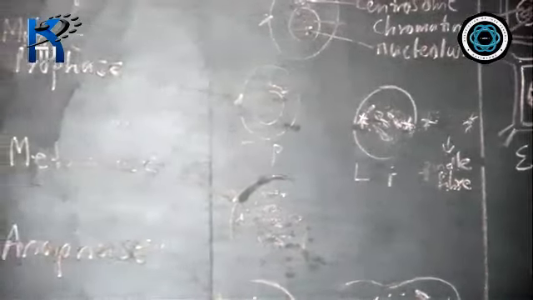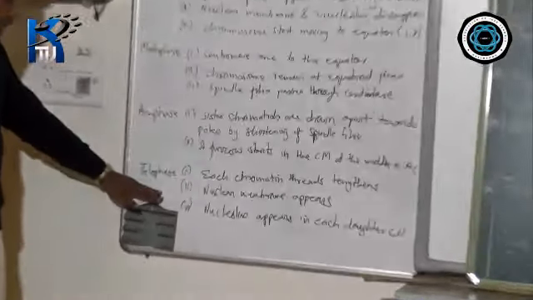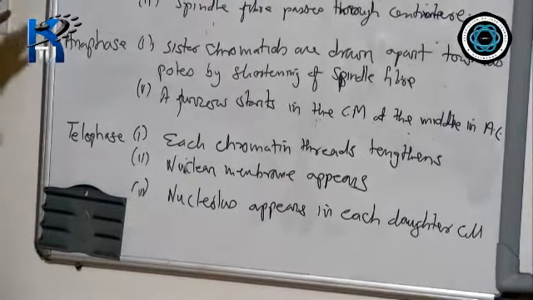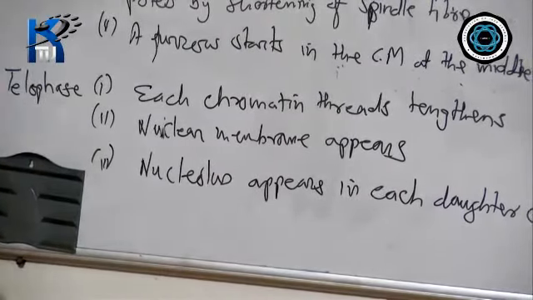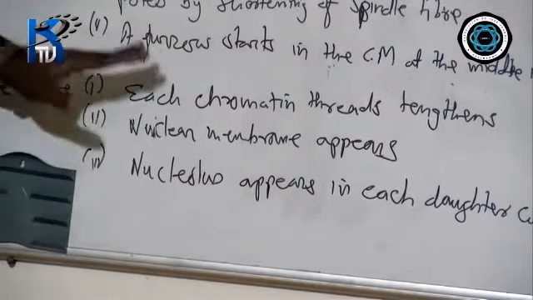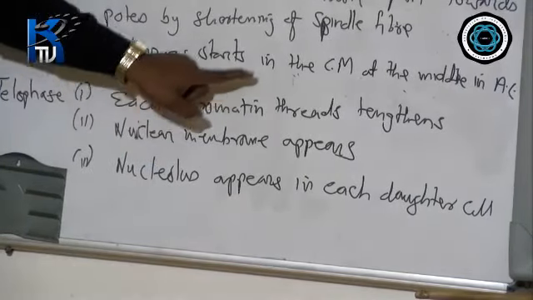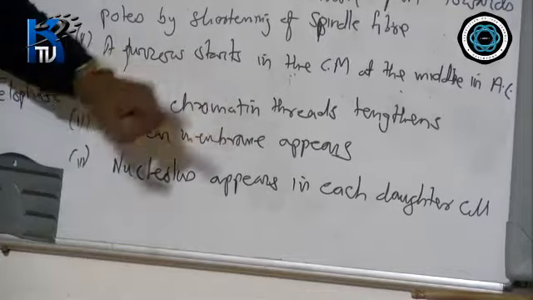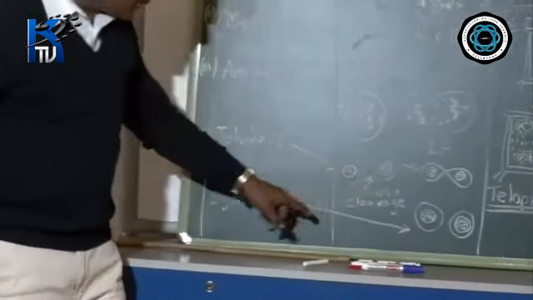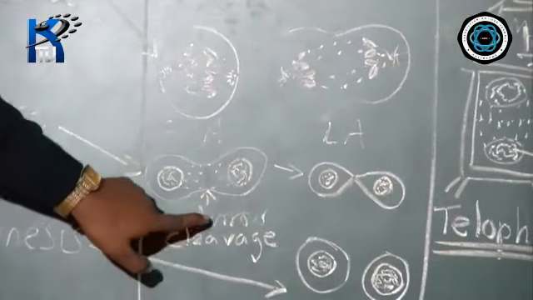Now, you come to the last part of it, that is telophase. Telo means end. So in telophase, by looking at the diagram, what points are you going to write? If the question comes, write the characteristic feature of telophase. Each chromatin thread lengthens, nuclear membrane appears. Here you will find a depression has got formed, a furrow like structure.